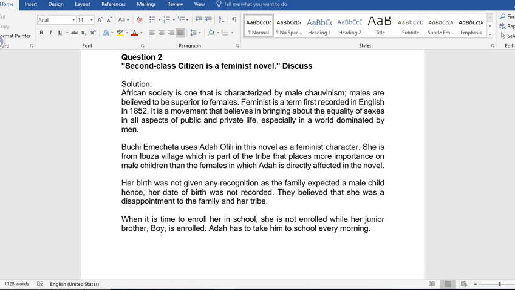Buchi Emecheta, that's the author of Second Class Citizen, uses Ada Ofili in this novel as a feminist character. She is from Ibuza village, which is part of the tribe that places more importance on male children than the females, in which Ada is directly affected in the novel.